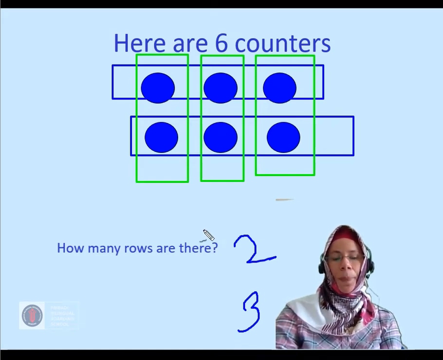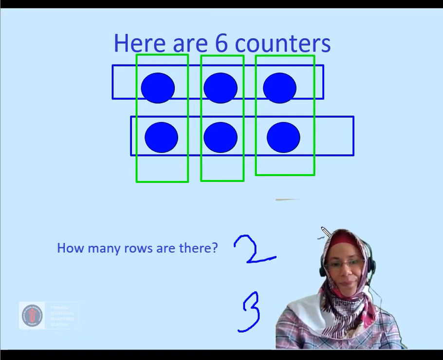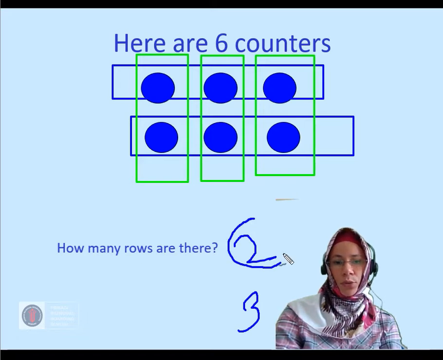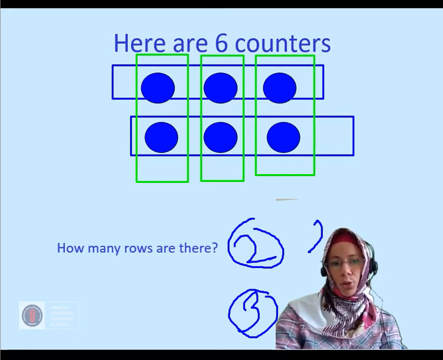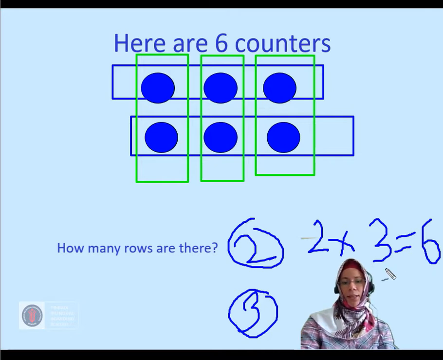Okay, so how can we write this as a multiplication? So let's do it with the rows. After that, we can do it with the columns. Okay, so here 2 rows. 2 times how many in each row? 3. 2 times 3 equals the total counters. How many are there in total? 6. Yes, great.